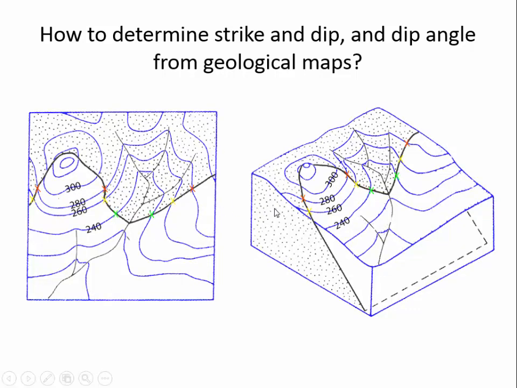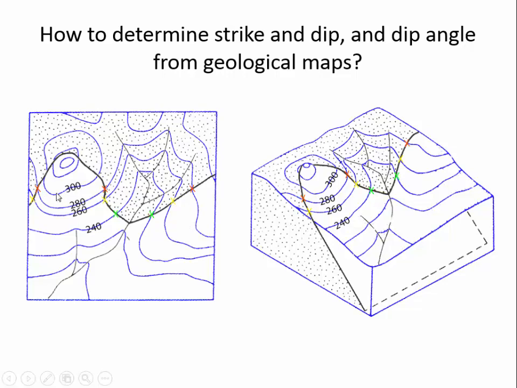We can do the same exercise here for the 260 meter contour. You see here the yellow intersections at this and that place. Or for the 240 meter contour. Here we see intersections between the contact there and there at 240 meters altitude in the field.